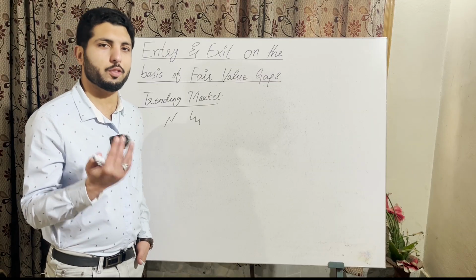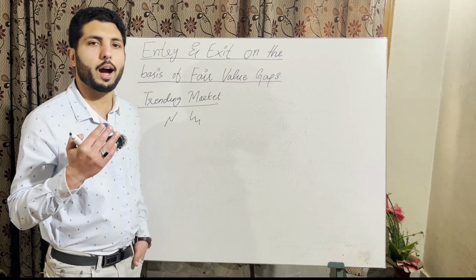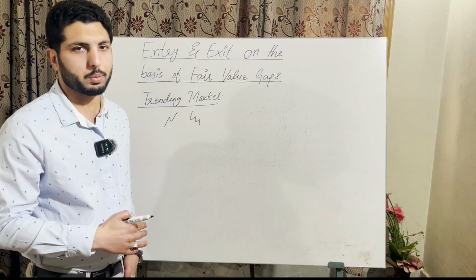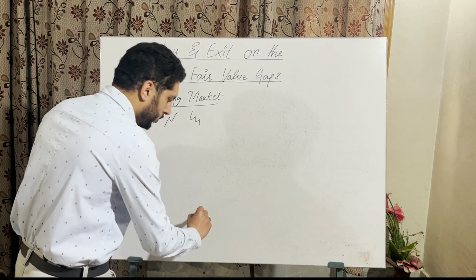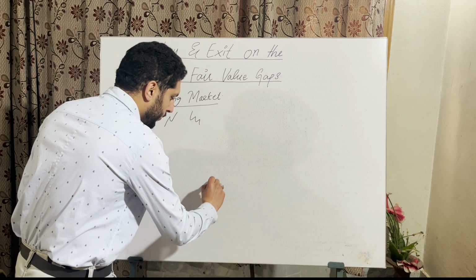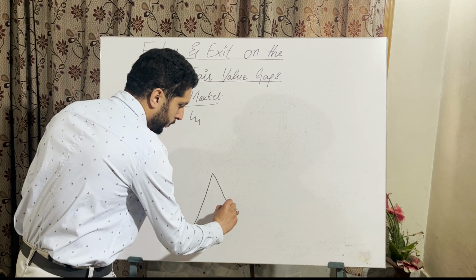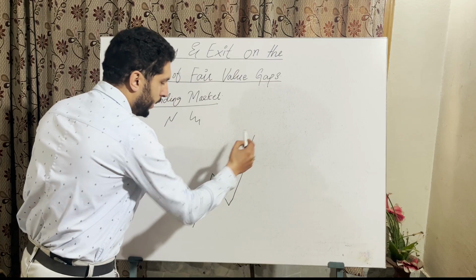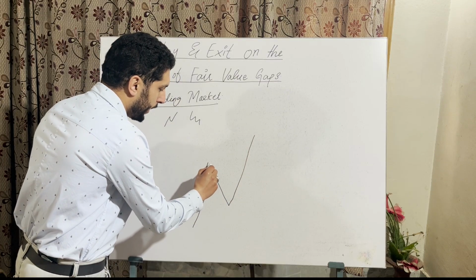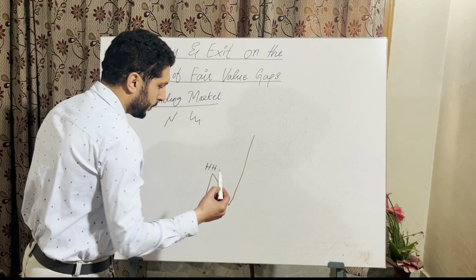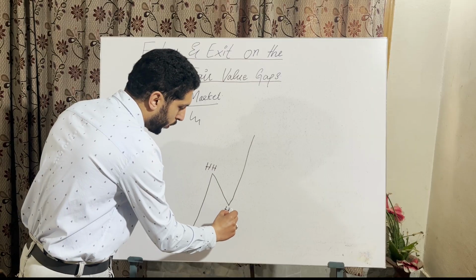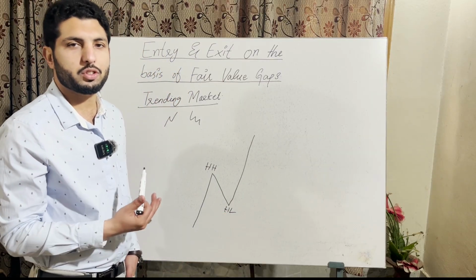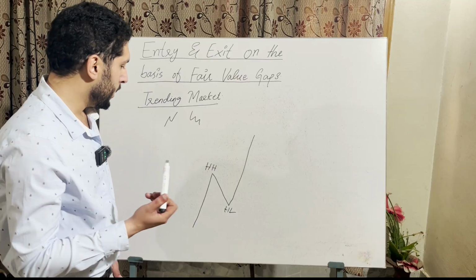How we could trade the fair value gaps and how we could enter or exit the market. Let's suppose it is an impulse move, a retracement move, and again an impulse move. Now, higher highs are created by the market, higher lows are created by the market, which indicates that the market is trading to the upside.